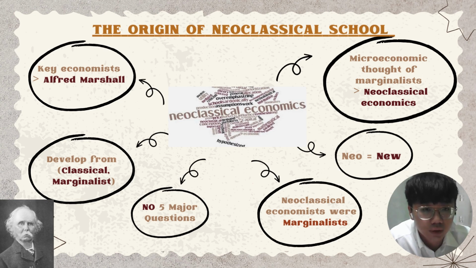Neoclassical economics were marginalist because they emphasize price determination and decision making. Neoclassical school is very unique among the other schools because it doesn't have five major questions. It developed from classical and marginalist ideas. One last thing is that the key economist and greatest feature of neoclassical school is Alfred Marshall, who developed it.